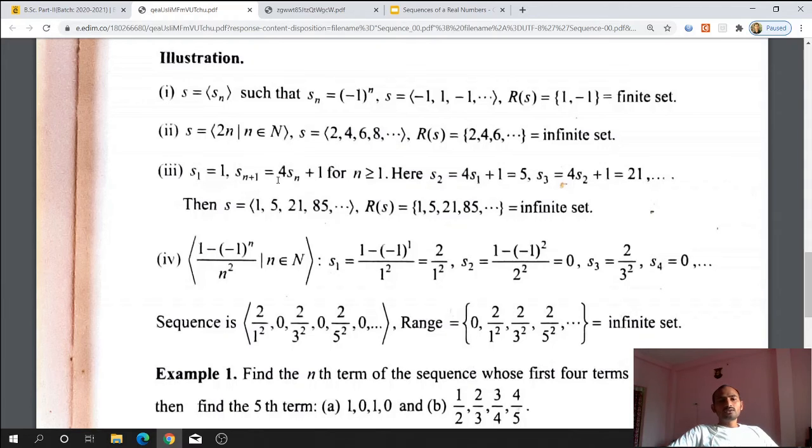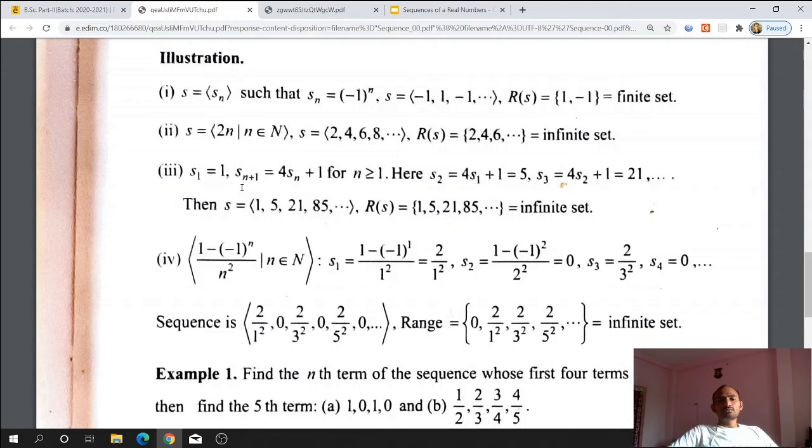So what is S2? Let's put n is equal to 1 here. So S2 is 4S1 plus 1, and S1 is 1. So you will get S2 is equal to 5.